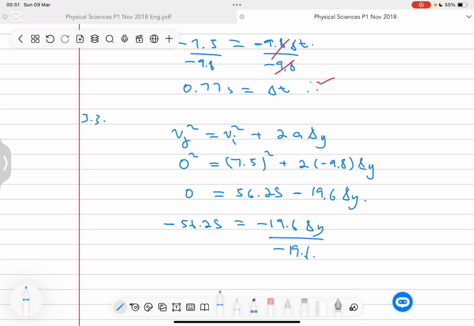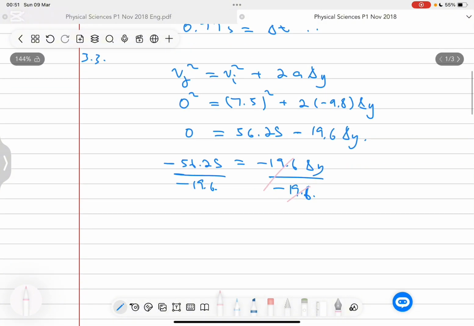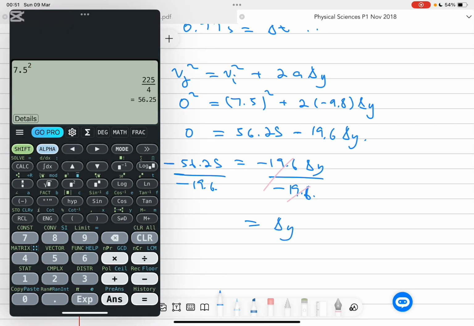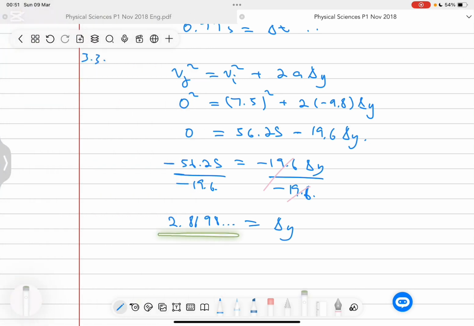Now when we divide by 19.6 here and 19.6 here, we will be left this side with the change in y, because the 19.6 will cancel, and then I can determine the answer by punching the calculator. And this says that we are going to have 2.8698 and so on.